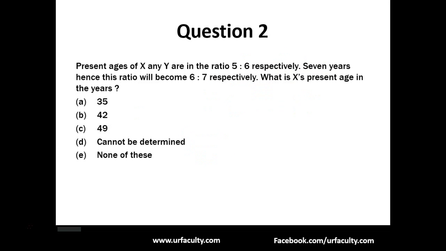Okay, moving on to the next question. The present ages of x and y are in the ratio of 5:6 respectively. 7 years hence, this ratio will become 6:7. What is x's present age in years? Okay. So what is the age of x? 5x. And what is the age of y? 6x. 7 years hence, this ratio will become 6:7.